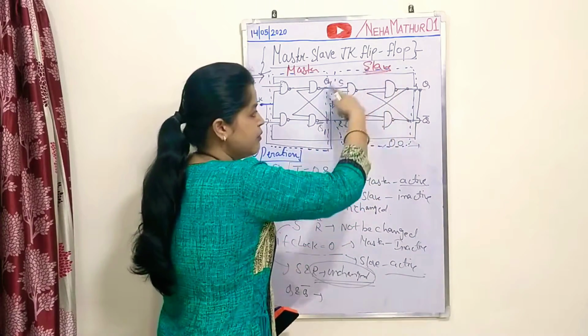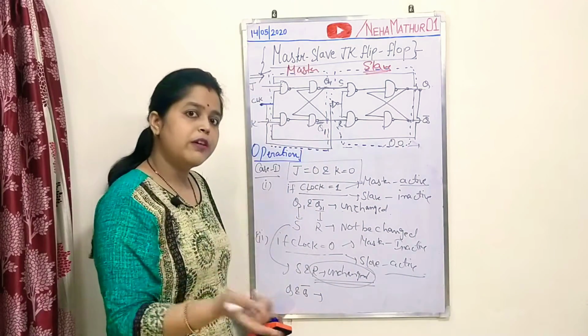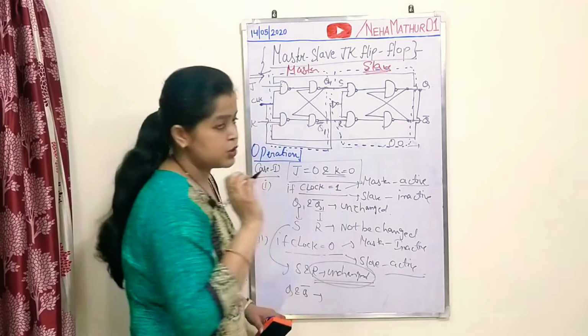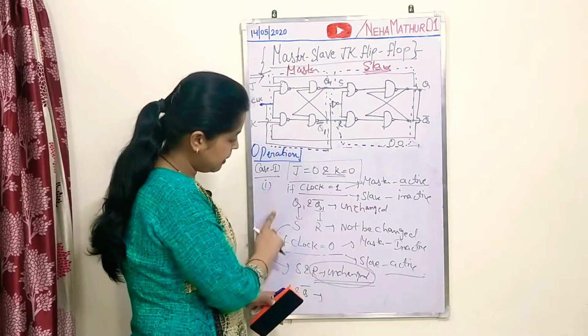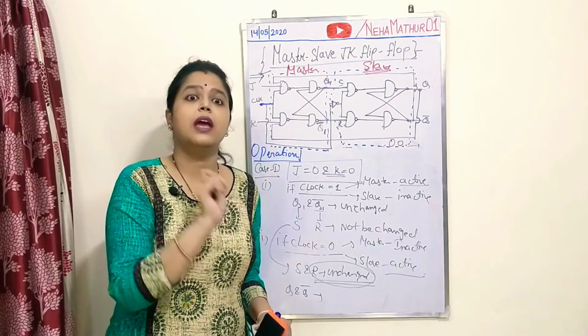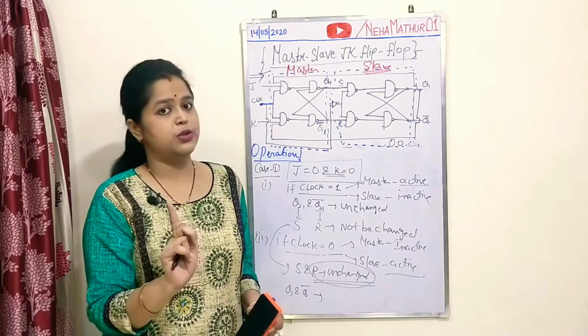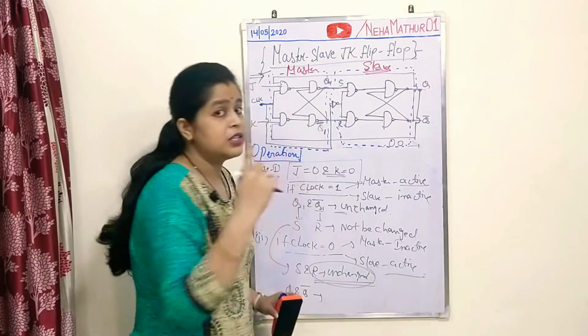Now your slave will work and will provide output, but the output remains unchanged because J is equal to 0 and K is equal to 0. I am using the concept of the complete working mechanism of the JK flip flop for the first case. That's why I am repeating that your output will remain unchanged.